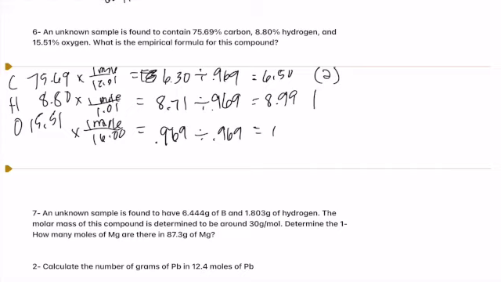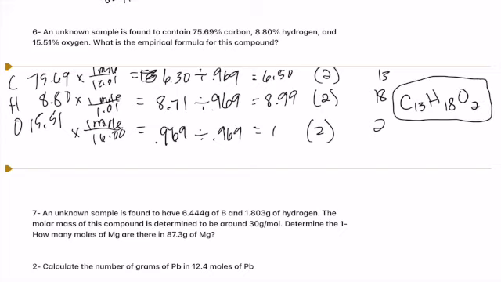So we're going to go ahead and round here to whole numbers. We get 6.5. I can't really round that one, but I have a 9 and I have a 1, so those are nice. But I'm going to have to multiply everything by 2 to end up with a nice whole number. And so I get 13, 18, and 2. So my empirical formula is C13H18O2.